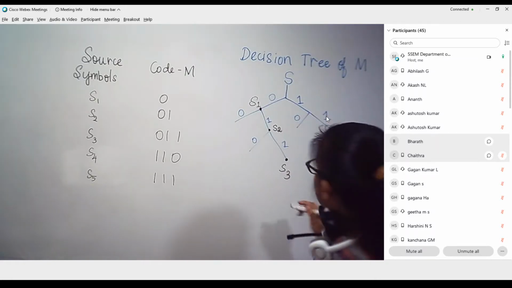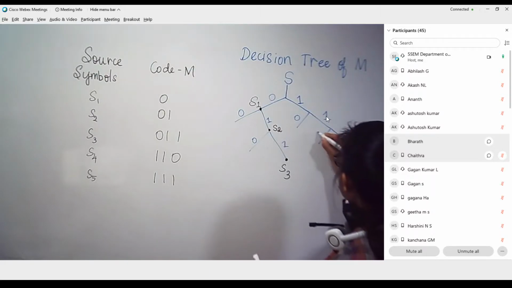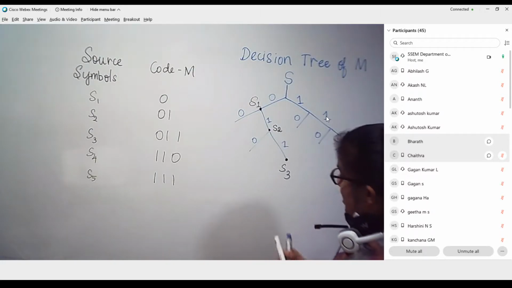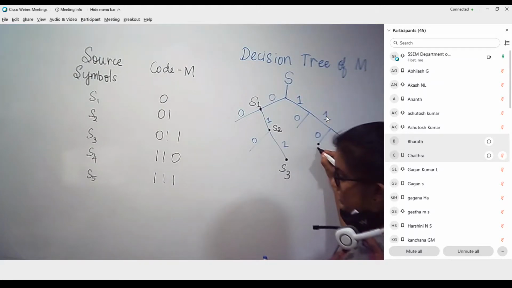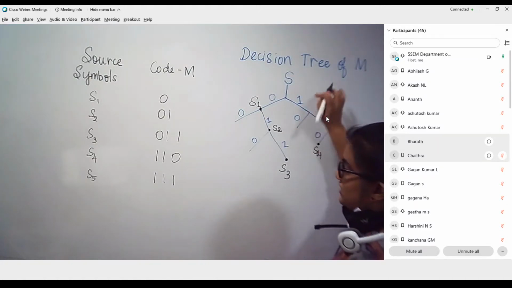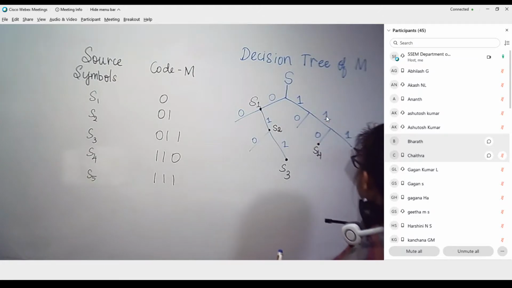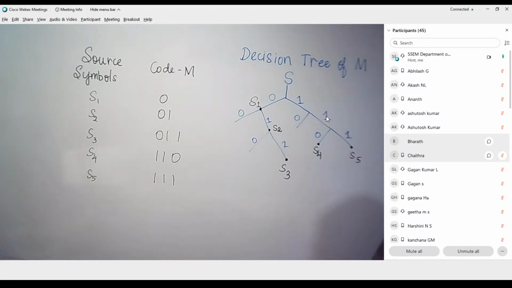So 1 1 is not a code word. Again I split as 0 and 1. At the end of 1 1 0, I have S4. At the end of 1 1 1, I have S5. So this is the decision tree for code word set M.